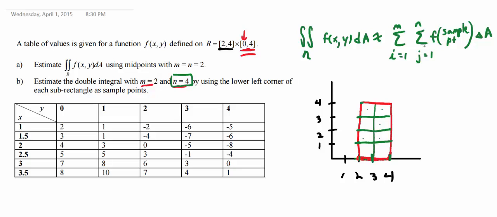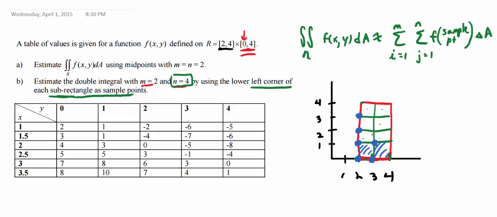Okay, so how do we determine our sample points? Well, it tells us. We're going to use the lower left corner of each subrectangle we've created in this grid. So here's a lower left corner, that's 2, 0. That's the lower left corner of this subrectangle. We'll go up from there. Here's a lower left corner, 2, 1, 2, 2, 2, 3. And then here's the lower left corner of this subrectangle, and then we'll go up from there.